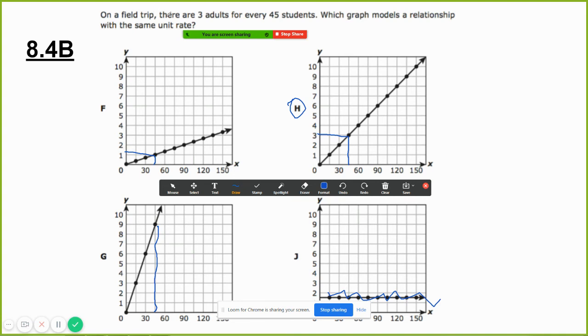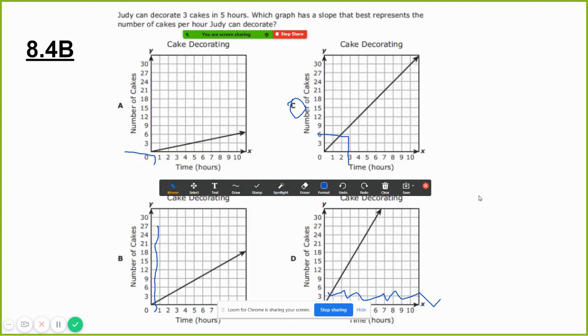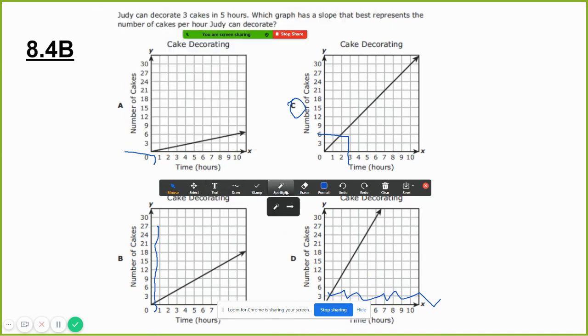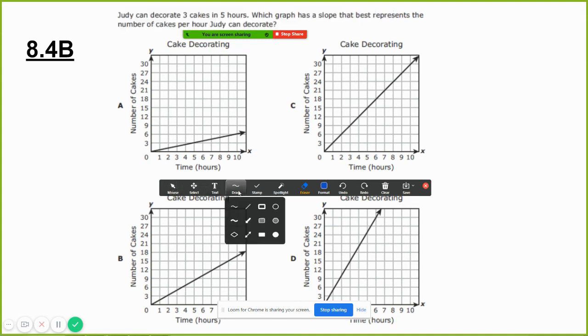Okay, let's look at the next one. Okay, let's take this off real quick. And let's see, the question says, Judy can decorate 3 cakes in 5 hours. Which graph has a slope that best represents that? Well, let's look. 3 cakes in 5 hours.